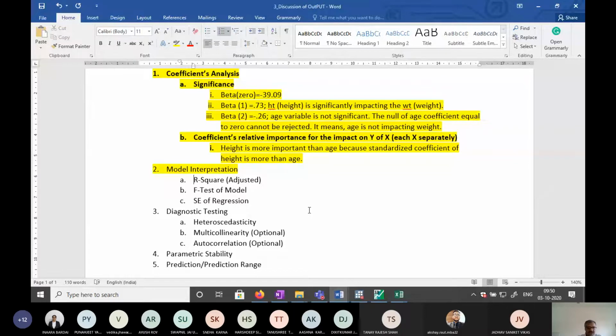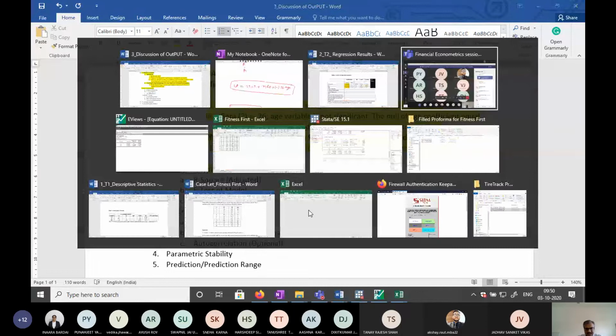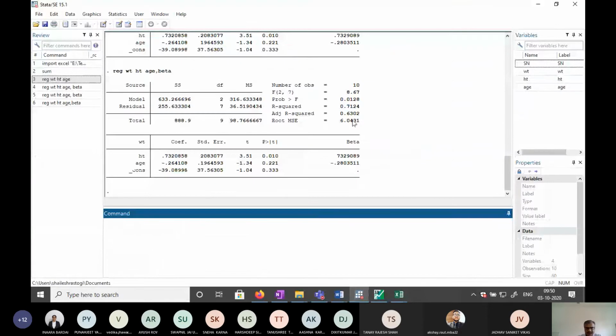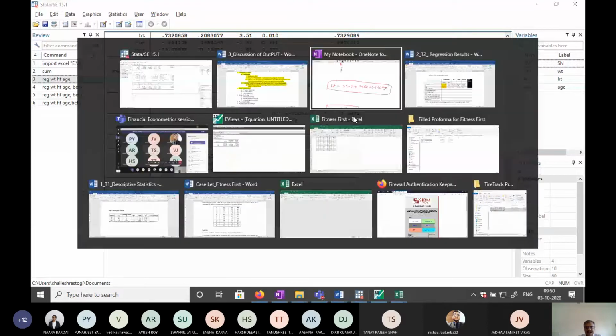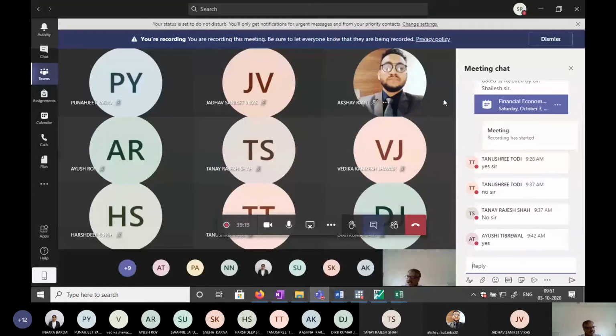We need to understand R square. If you look here, on the right side R squared is 0.71, and we have one more thing, adjusted R square. So we need to understand what we mean when we say R square. R square is the ability of the model to explain the variance. When I say explain the variance, it means y is the dependent variable.